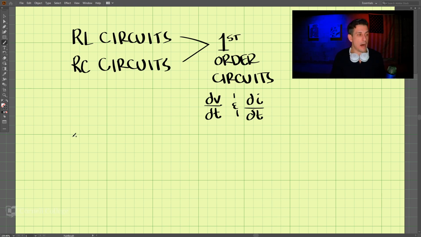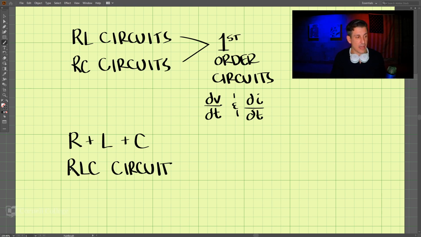Now we will combine the resistors and the inductors and the capacitors together. And by combining those, we get an RLC circuit. And an RLC circuit is a second order circuit.